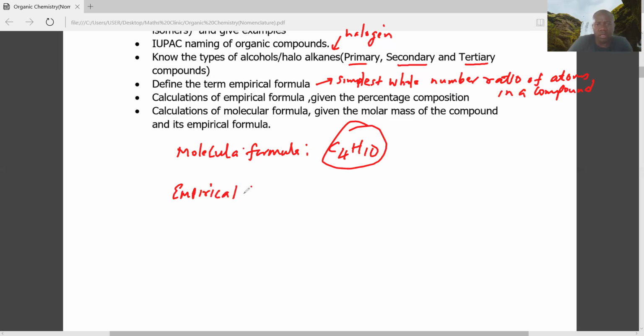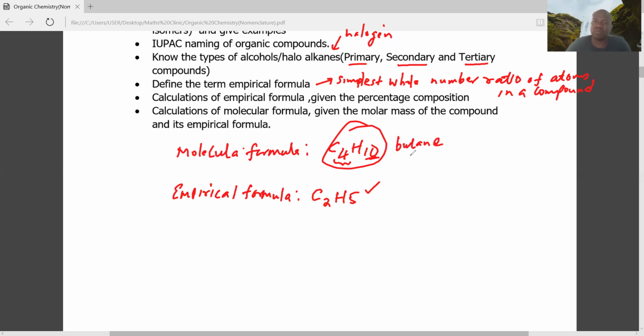So the empirical formula is the whole number ratio. It means we have to simplify these ratios to their simplest form. You look for a number that goes into 4 and into 10, to its simplest. So it's going to be C2H5. We divided everything by 2. So this is the empirical formula of butane. Sometimes in the exam, they'll say, write down the empirical formula of butane.